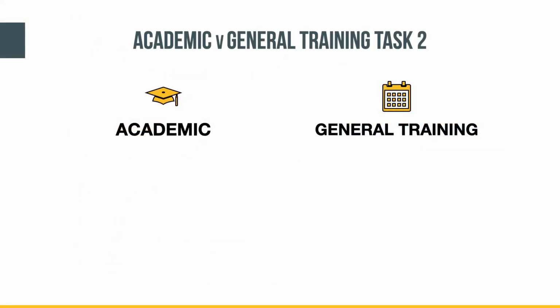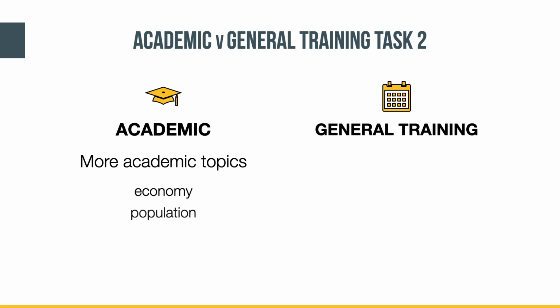Well, the main difference between the general training test and the academic test is that the academic test has more, not surprisingly, academic topics. So you might get topics on the economy or population or academic study, different academic subjects.